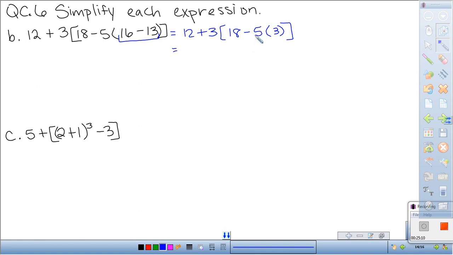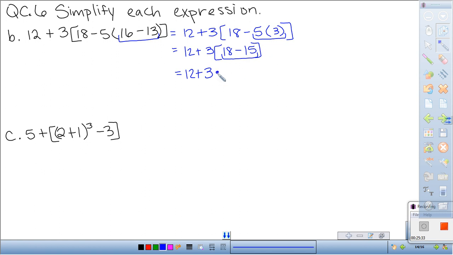So since we have multiplication in here, I need to multiply before I subtract. So we have 12 plus 3 times the quantity, 18 minus 5 times 3 is 15. And then we still need to get rid of these brackets before we can move out here. So I'll subtract 18 minus 15. So I have 12 plus 3. And again, this means to multiply.